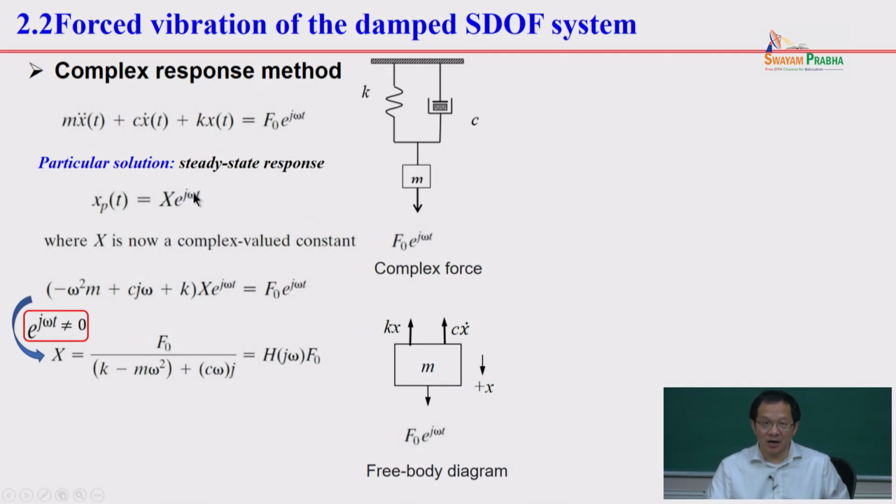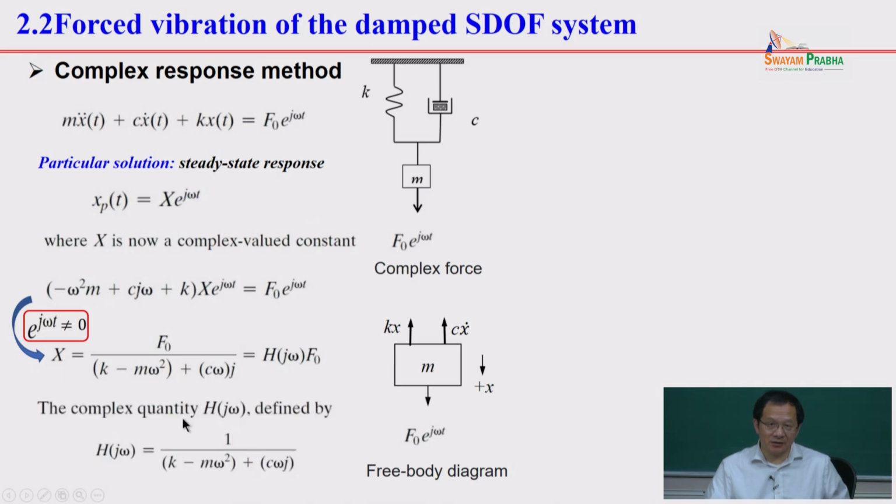Here x is a complex number, with e^(jωt) instead of a sine or cosine term, so you use a complex amplitude. From this you can directly solve for the complex amplitude x. Plug that in, e^(jωt) and the jω cancel, and you can directly solve for x. This is the complex response.